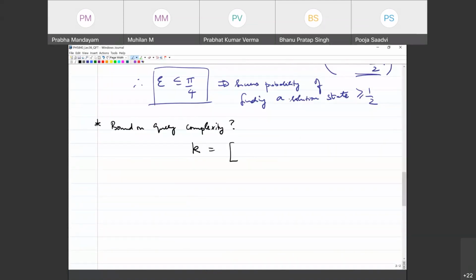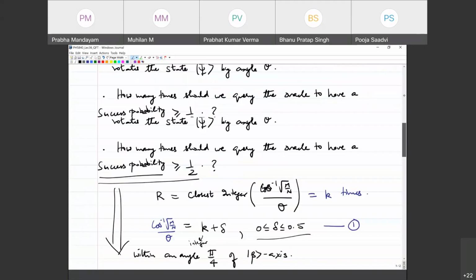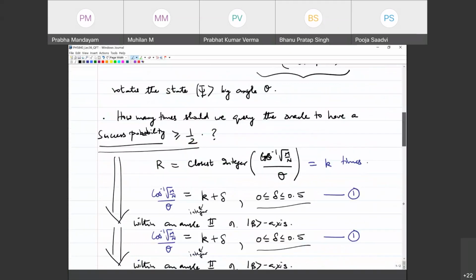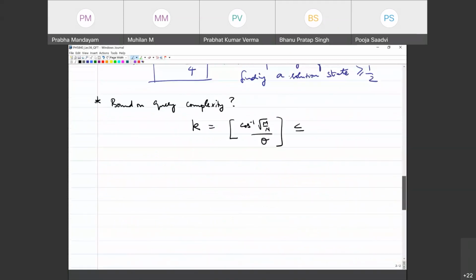So this is cos inverse square root m over n, divided by theta, right? And now cos inverse square root m over n itself is less than or equal to pi by 2, because this angle that it's making with beta is between 0 and pi by 2. So that is less than or equal to pi by 2 theta.